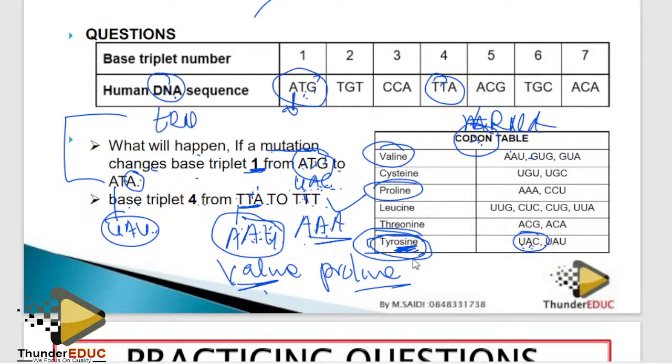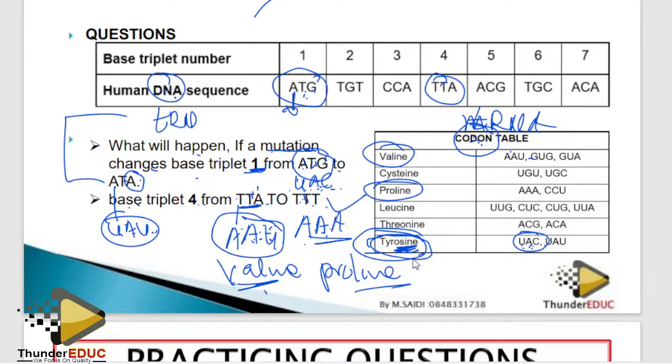Scenario number 3. Explain what will happen to a protein if the DNA base has changed. They have not said it, but you have to interpret it automatically.